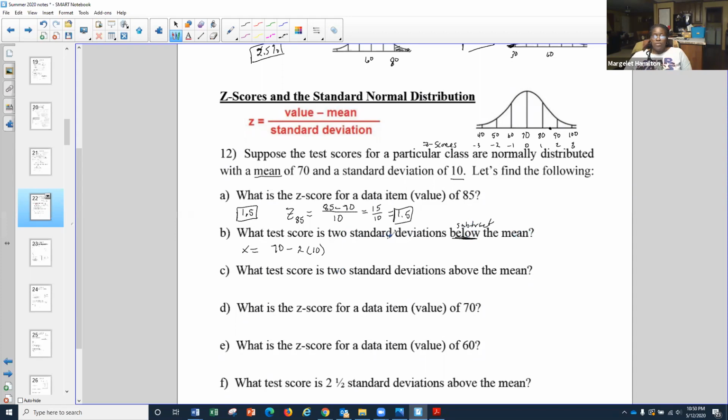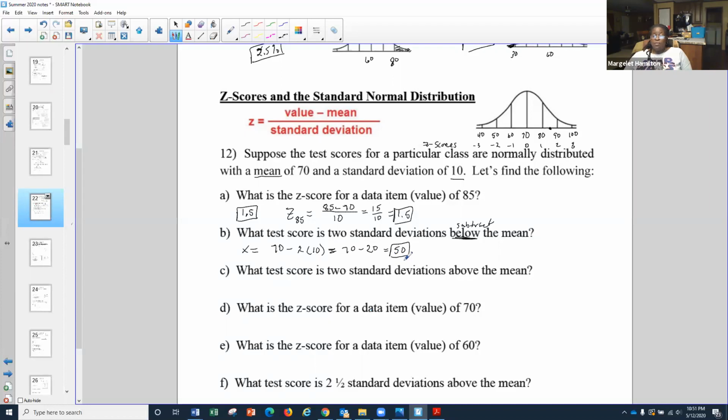So 2 times whatever our standard deviation is. That was 10, so 2 times 10. When we do the math, we have 70 minus 20, and that is 50. There we are using the mathematical statement.